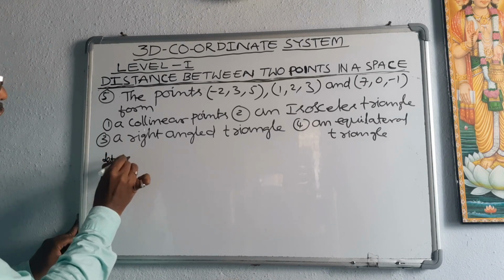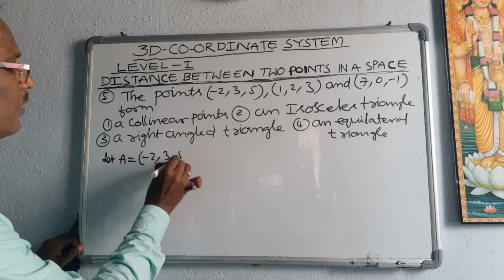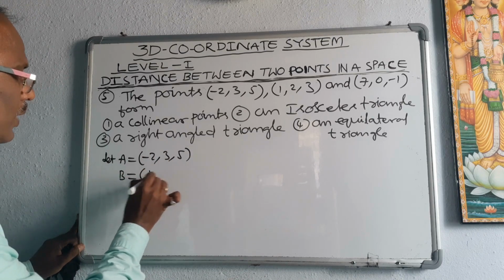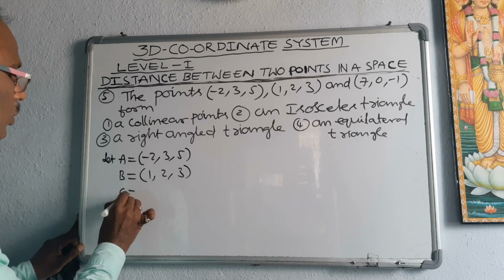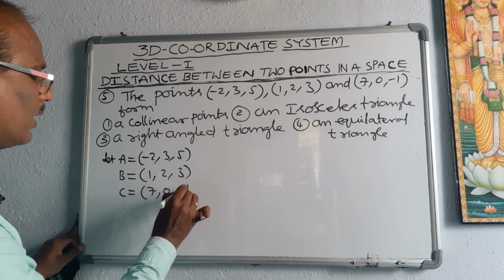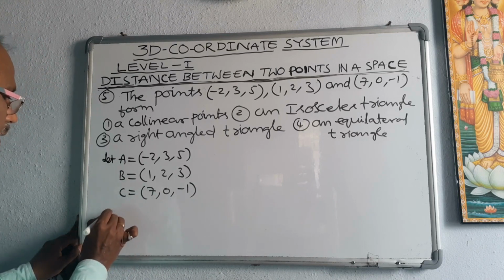Let A equal (minus 2, 3, 5), B equal (1, 2, 3), C equal (7, 0, minus 1).